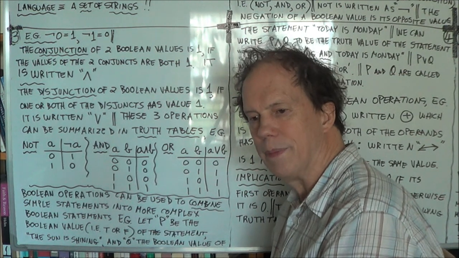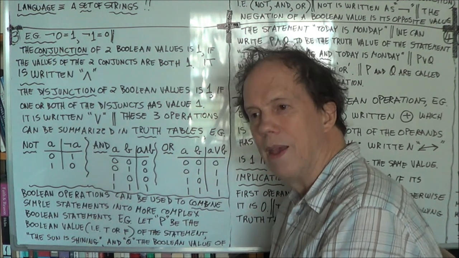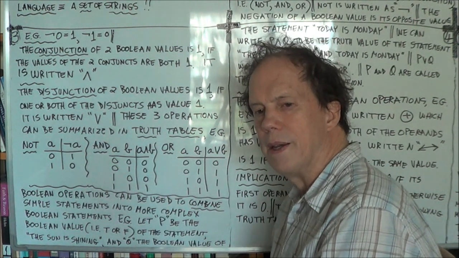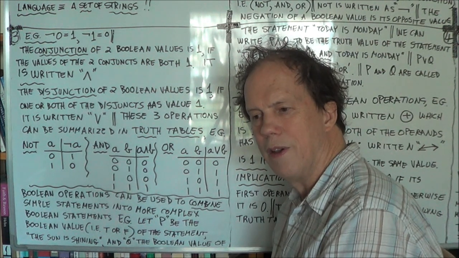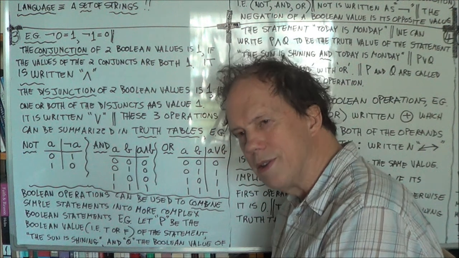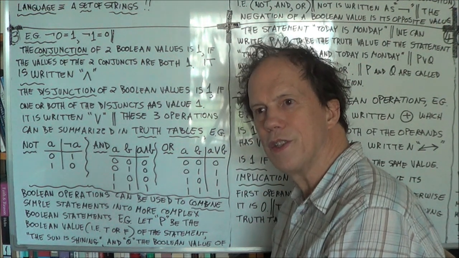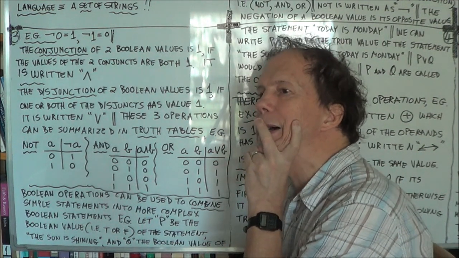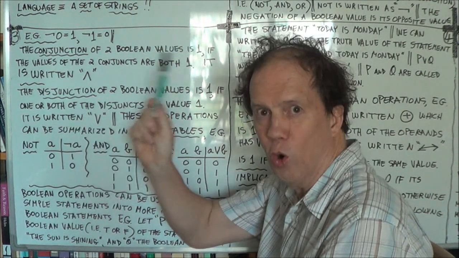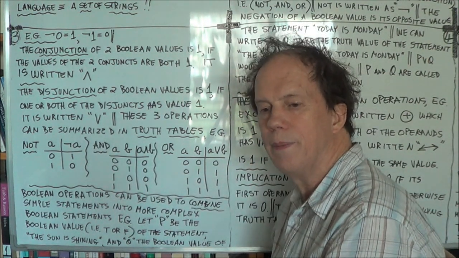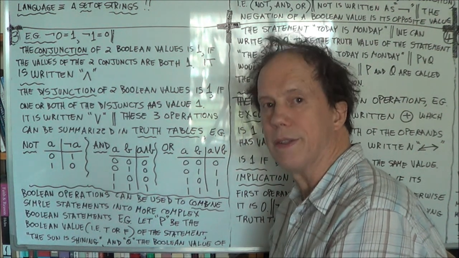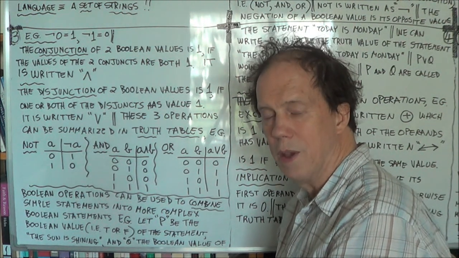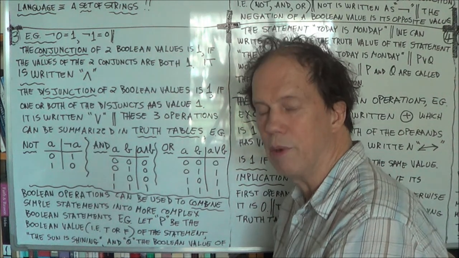Well, it too has a Boolean value, and hence it can only have two values, 0 or 1. So if x is 0 or 1 and y is 0 or 1, what is x or y? This is a combined expression. Well, in the case of disjunction, or, it's 1 in three cases, and it's only 0 in one case. And the case when it's 0 is when x and y are both 0, or both false.